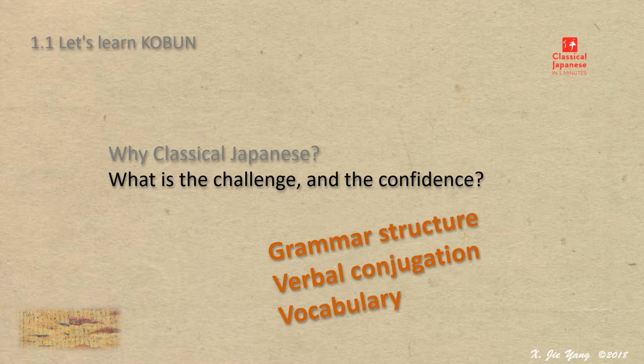On the other hand, a classical Japanese reader has to face the fact that most core words, although following a similar grammatical principle, are based on a different rule of conjugation. Sometimes it could be rather complicated.